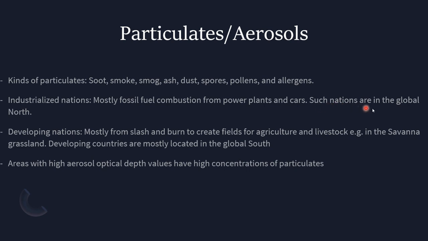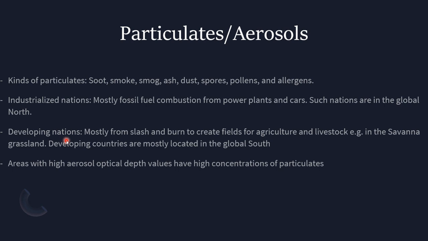Such nations are in the global north. Mostly when we talk about industrialized nations, we actually talk about the north side of the world, that is USA, Canada, and so on. In the developing nations, if you look at South America, if you look at the African region, those are the countries that we call developing nations, and those countries do not have much of the industries, so they do not have lots of cars.